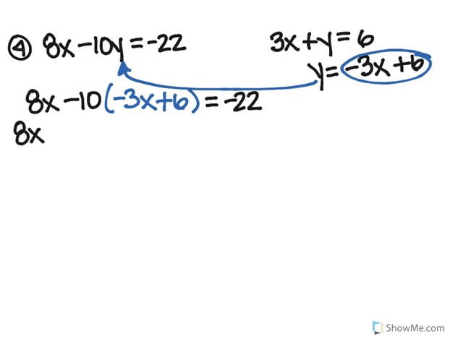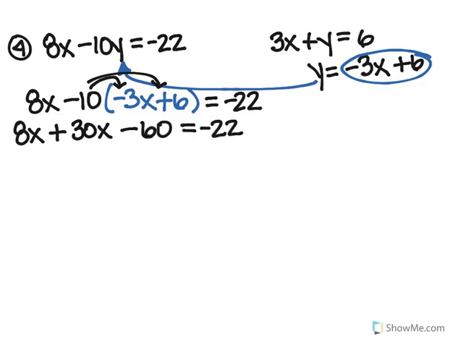We have 8x. We're going to do distributive property. Watch your signs. Negative 10 times a negative 3 is a positive 30x. And negative 10 times 6 will give us negative 60 equals negative 22.